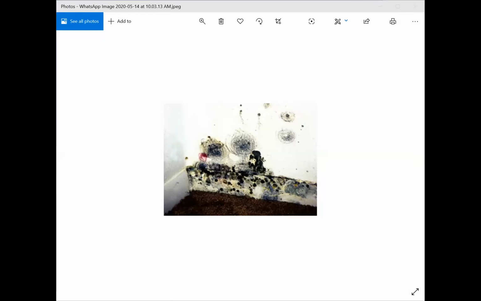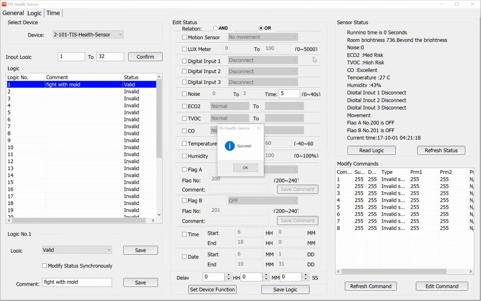Do you know what mold is? I think all of you understand, because I showed you the picture. Okay, good.